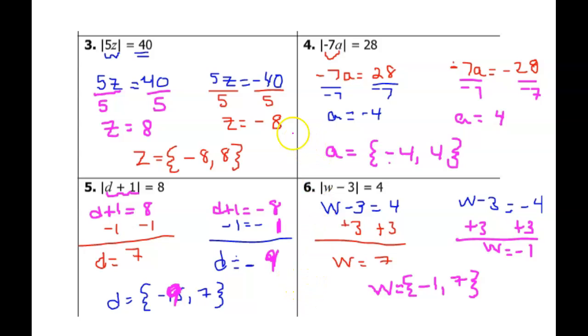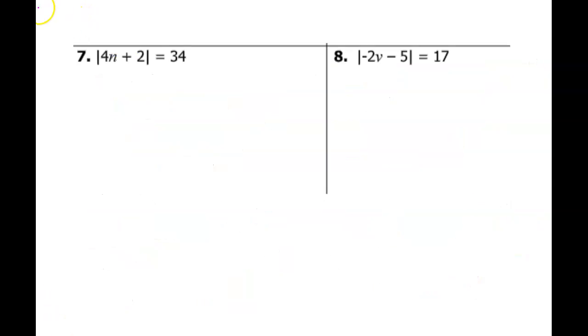All right, guys, let's go to the next solution set. The next one says something interesting, and I'm going to pause this. Somebody help him out. Kamari, what is the first step with this? Not distribute.